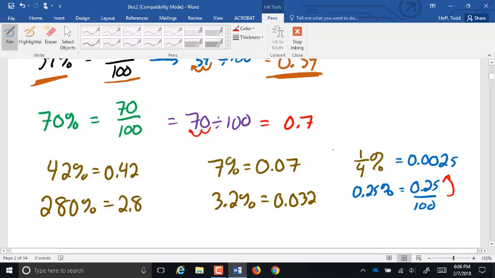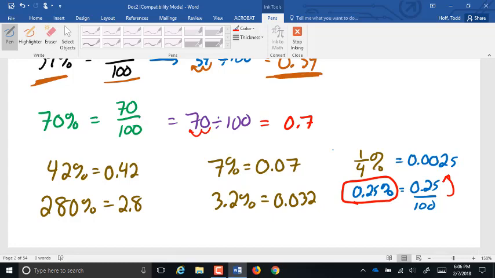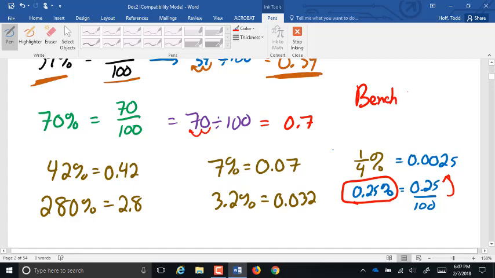The reason I bring that one up is because most people do get it wrong at first. They want to say it's just 0.25. But 0.25 would still be a percent. You're just changing it from a fractional percent to a decimal percent. One of the things I stress when I work with percents is something called benchmarks. And we'll talk about these a lot more in the second hour tonight.